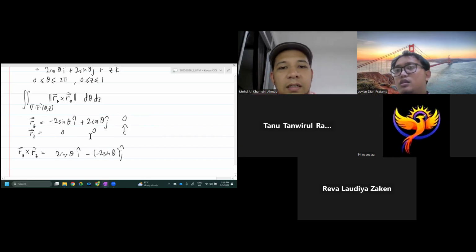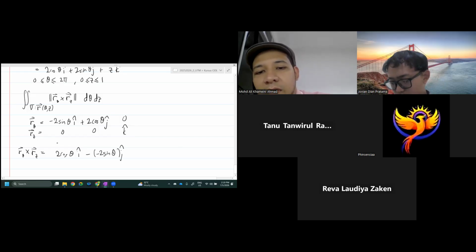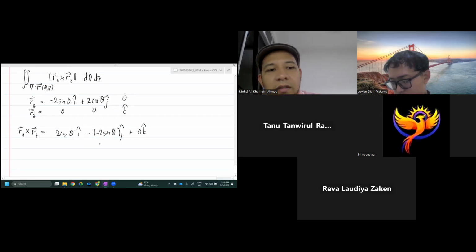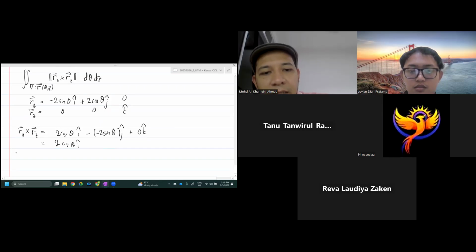And then the last one, you have this multiplied by 0, and this multiplied also by 0, so 0 plus 0. So this one is just 2 cosine theta i plus 2 sine theta j.